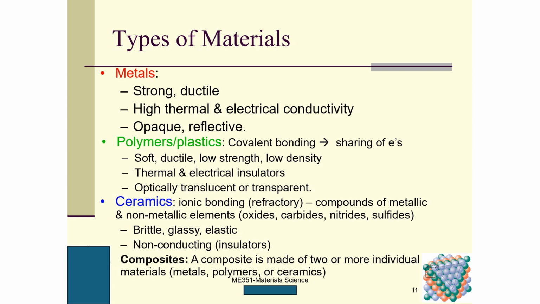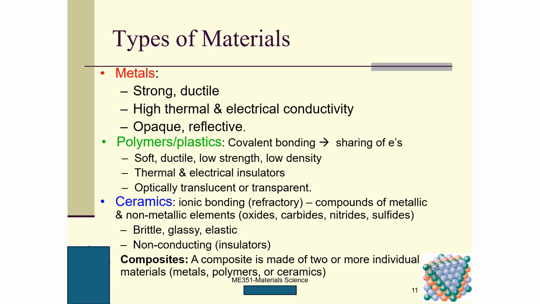Composites are made of 2 or more individual materials. So you can see we have 4 different categories of materials: metals, polymers, ceramics, and composites. The first 3 are fundamental materials.